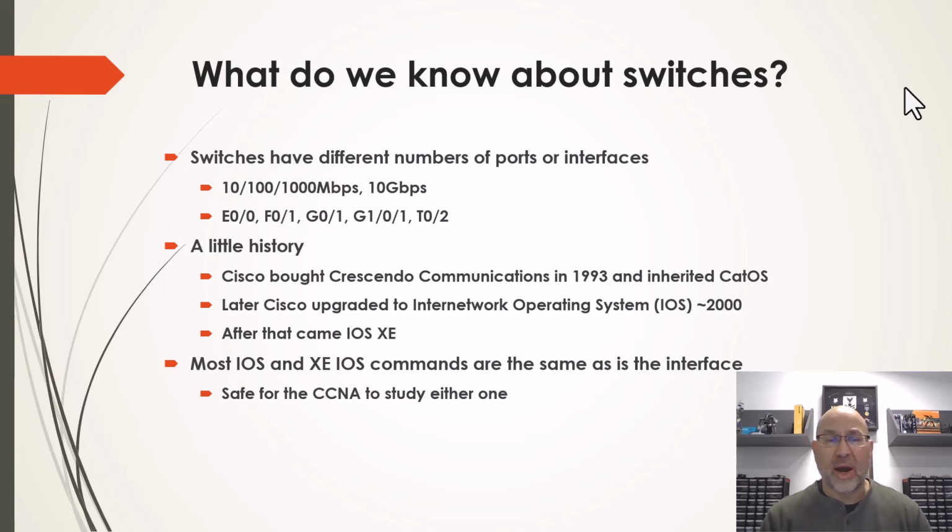Later, Cisco upgraded to the Internetwork Operating System, or iOS, and that's most of the time. That's where I've spent most of my time. On newer switches, though, we see the iOS XE. Now, the commands are largely the same, and for the CCNA, you can study either one. There were just some modifications to the operating system for performance and so on.